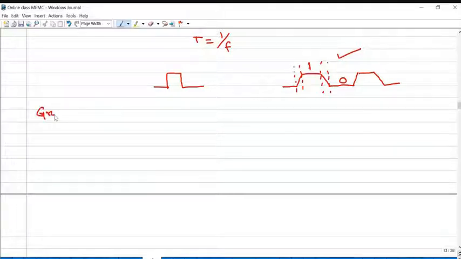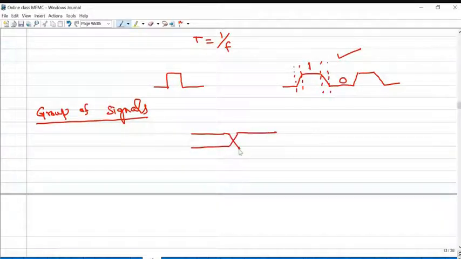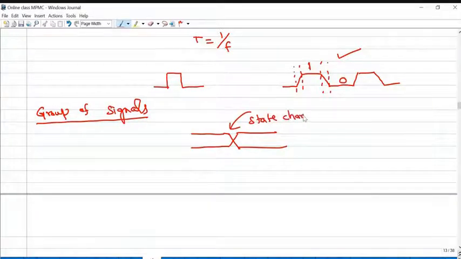Suppose a group of signals is there: AD0 to AD7, A8 to A15, IO/M bar, S0, S1, all together called control signals. In that case, you can use parallel lines like this. If any state changes, then you can put one cross mark. So this represents a state change, for AD0 to AD7, like this.